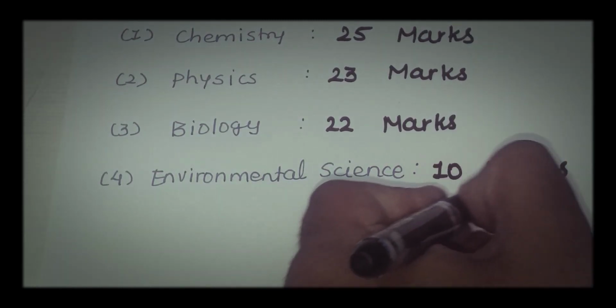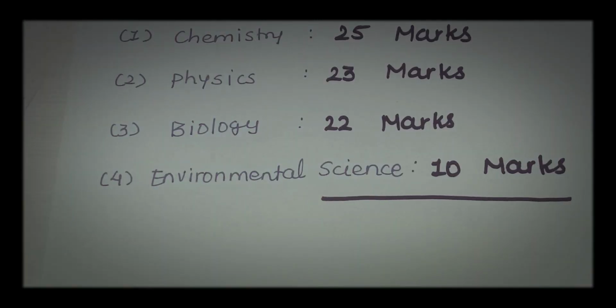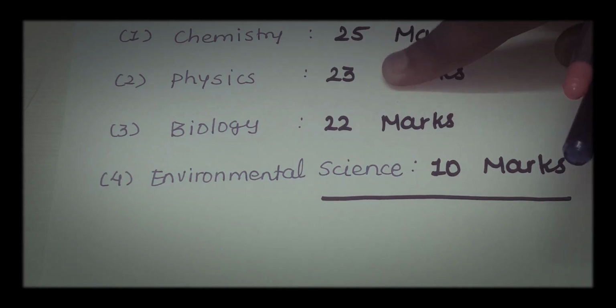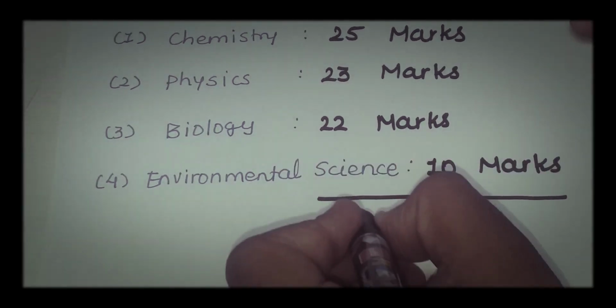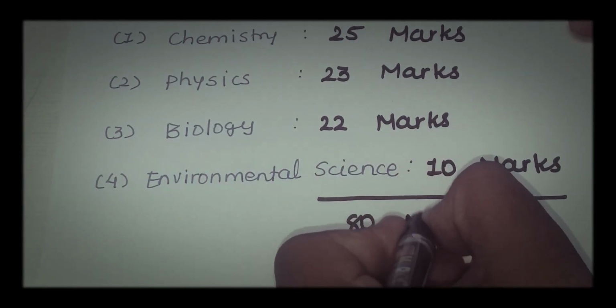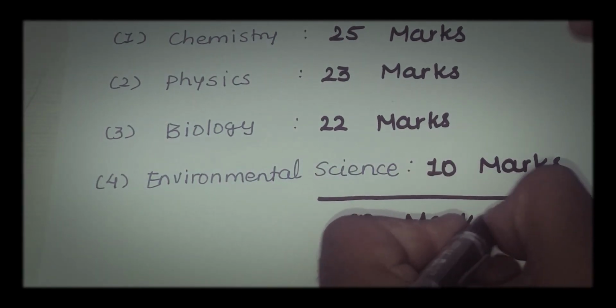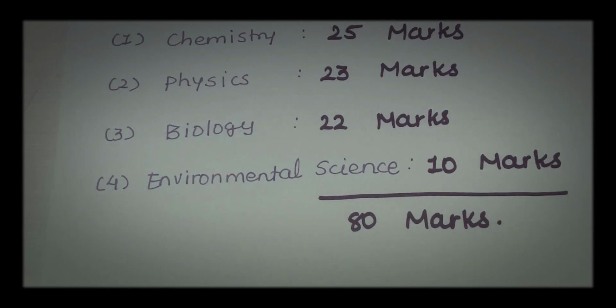So the total is 25 plus 23 plus 22 plus 10 marks. It means 80 marks. So our board paper will be a total of 80 marks.